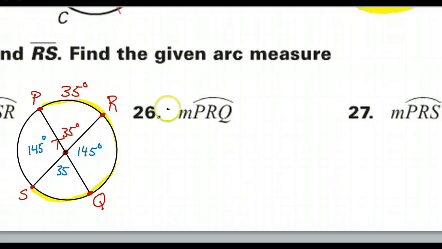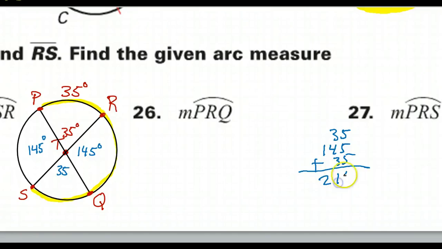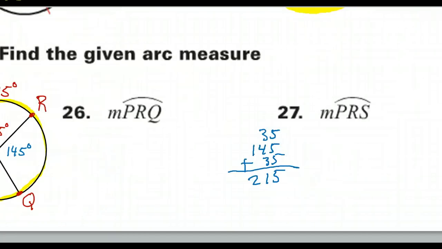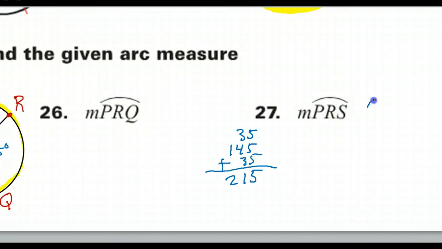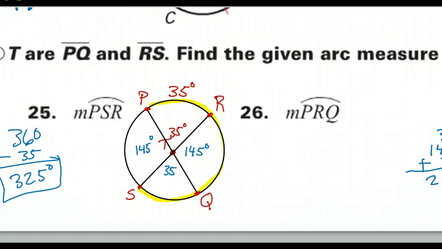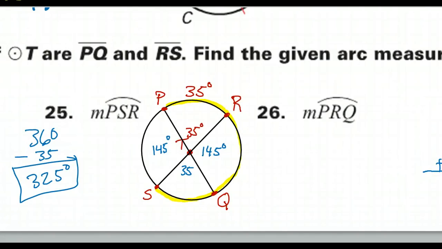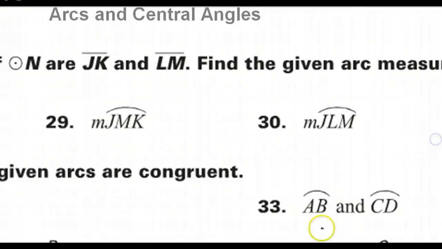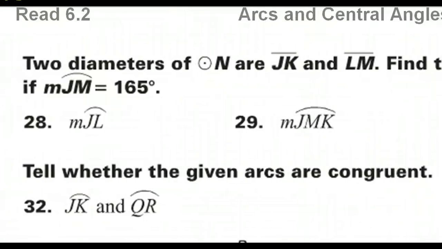But I could also do 35 plus 145 plus 35. I can just add up these three, and that is 215. So that is the answer to this particular question, 215 degrees. So that's how we do problems like that. All these are like little puzzles. I think they're kind of fun if you set your brain just right to see it as a fun puzzle to do.